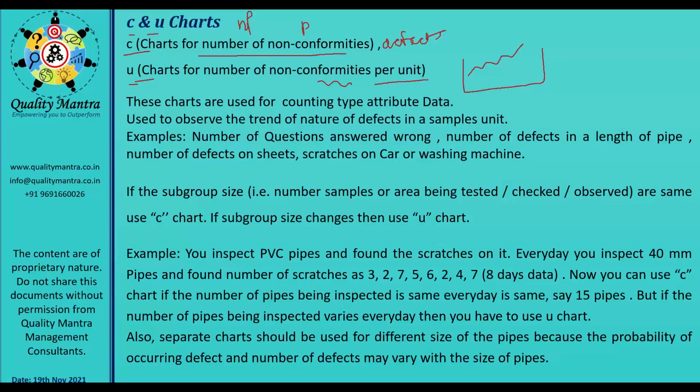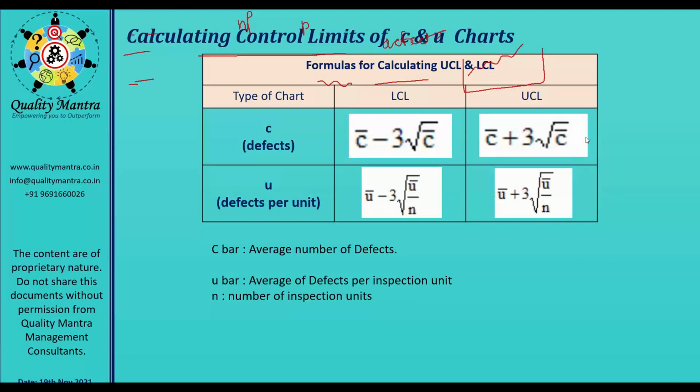So now let us see how you are going to calculate it. These are the formulas. Again, for plotting a control chart, you require the data. That will be your number of defects or number of defects per unit.